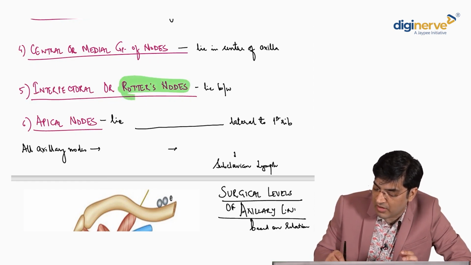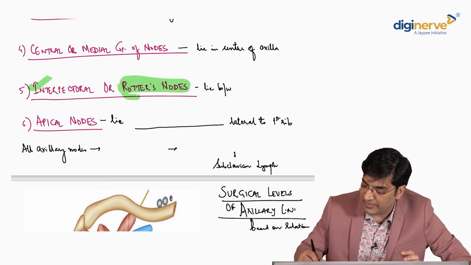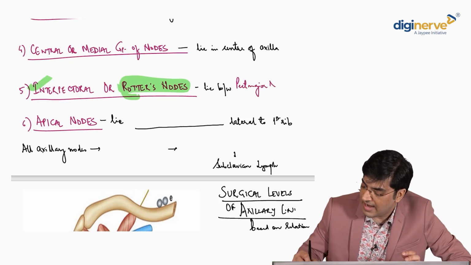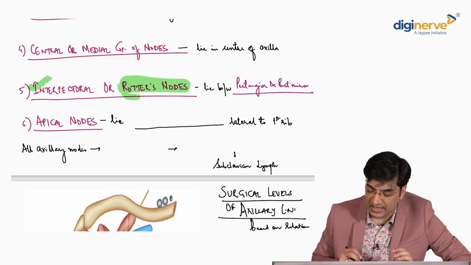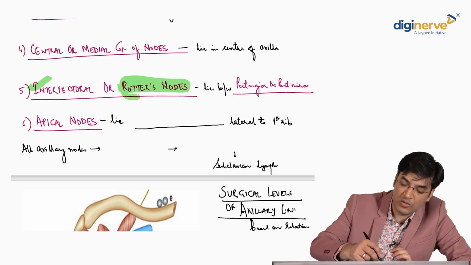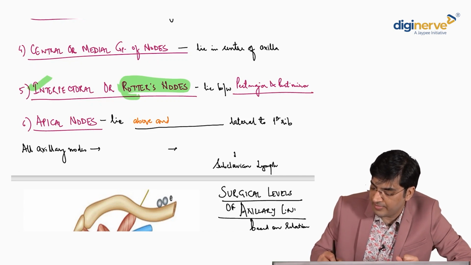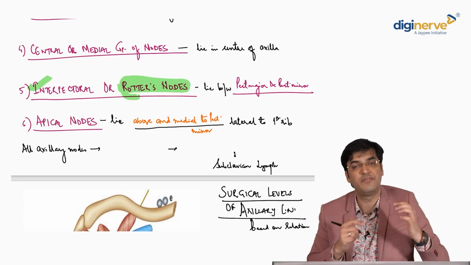The interpectoral nodes are called Rotter's nodes, and they lie between the tendons of pectoralis major and pectoralis minor, whereas the apical nodes lie above and medial to the pectoralis minor muscle, and obviously lateral to the first rib.